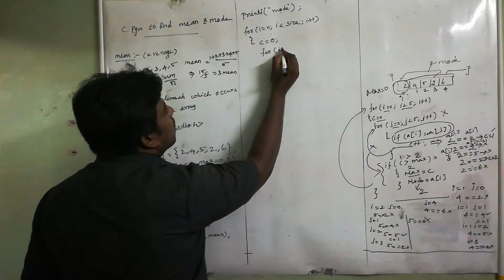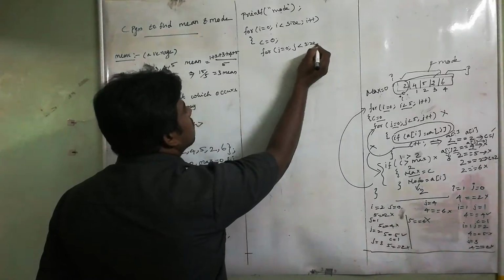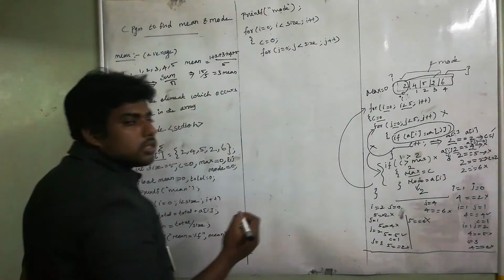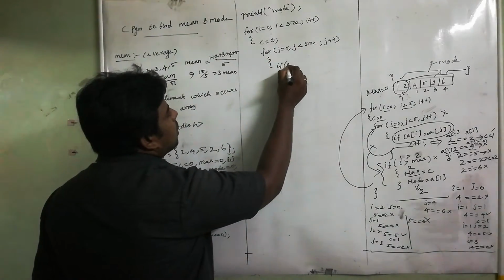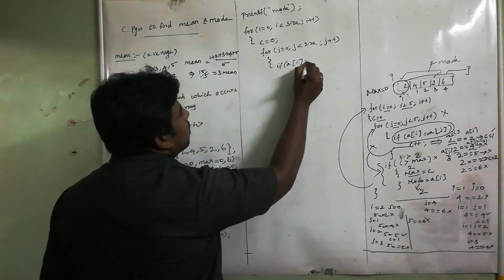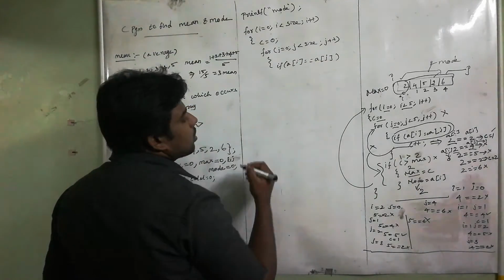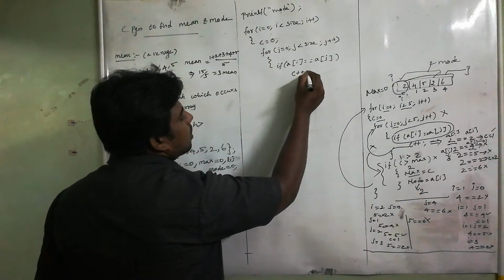For J equal to 0, J less than size, J plus plus. Here only I am going to do the comparison. If A of I equal to A of J. Okay. If this condition is true, C plus plus.